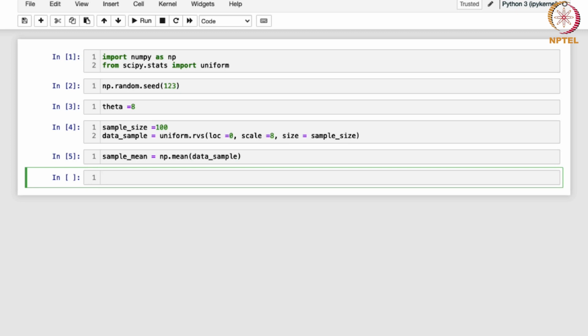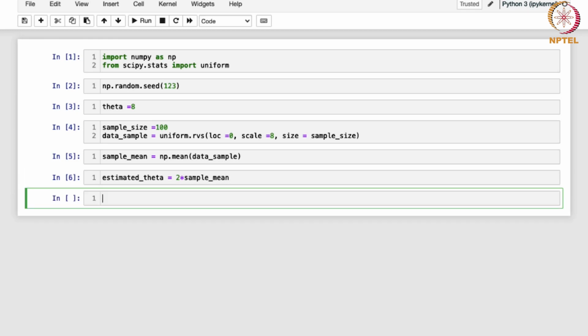The reason is that in method of moments, when we were estimating the parameter for uniform 0 theta, we found that theta hat came out as twice the sample mean. So here also we will calculate that estimated theta, which will be twice the sample mean that you have obtained. Okay, and now let us see what is the answer.